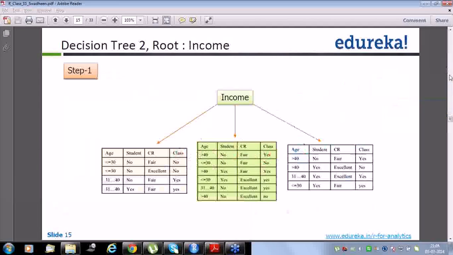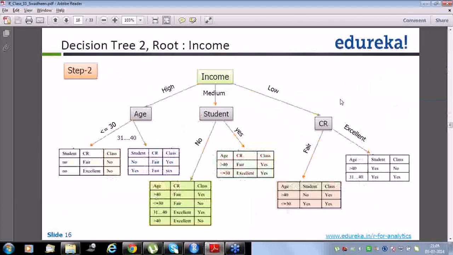Again we need to decide how the branches will go on. For high income, we divide it based on age. If age is less than 30, we can say that he will not buy the computer. Age between 30 to 40, he will buy the computer.